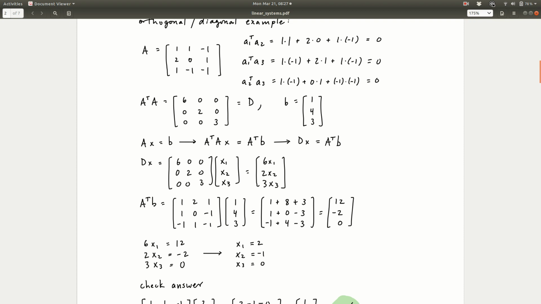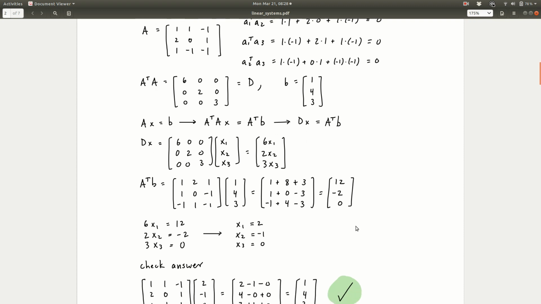If we do the matrix multiplication, we get 1 plus 4 times 2 is 8, plus 1 times 3 is 3, you get 12. 1 times 1 plus 0 minus 3 is minus 2. Minus 1 times 1 plus 4 minus 3 is 0. So A transpose B, which is on the right-hand side here, is 12, minus 2, 0.